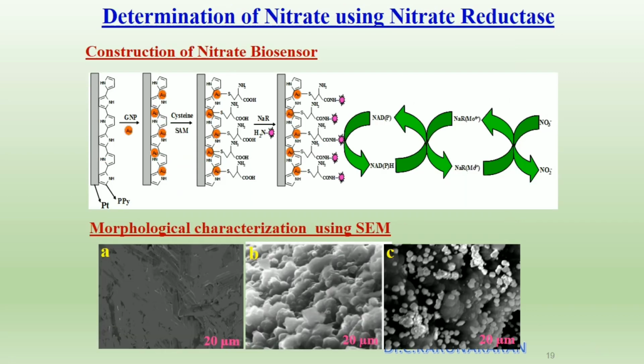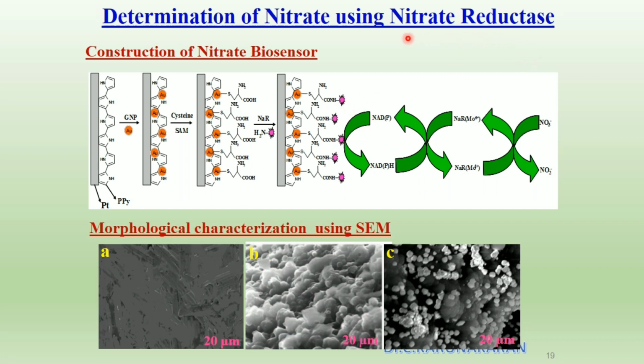Here, nitrate was determined using a nitrate reductase based biosensor. I have shown here the construction of the nitrate biosensor. It is similar to the superoxide radical biosensor, the SOD1 biosensor.